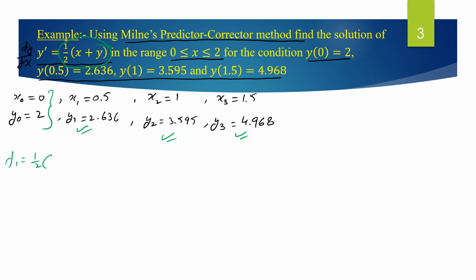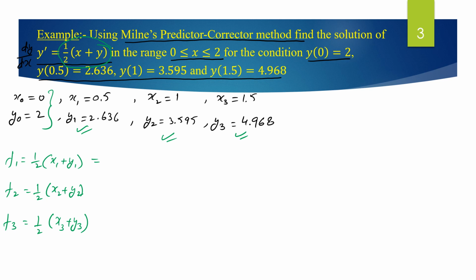So f1 is equal to 1 by 2 of x1 plus y1, f2 is 1 by 2 x2 plus y2, and f3 is 1 by 2 x3 plus y3.